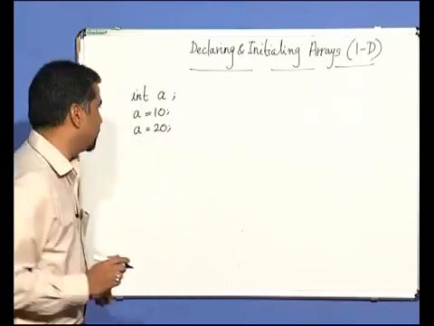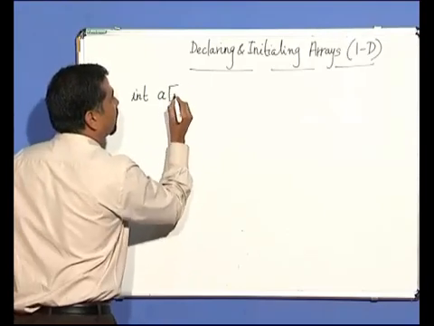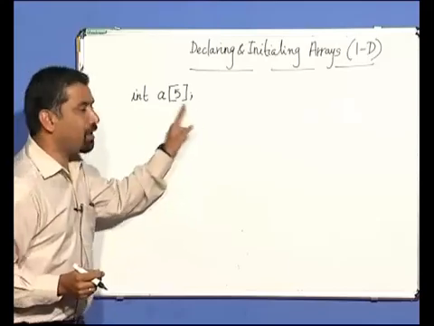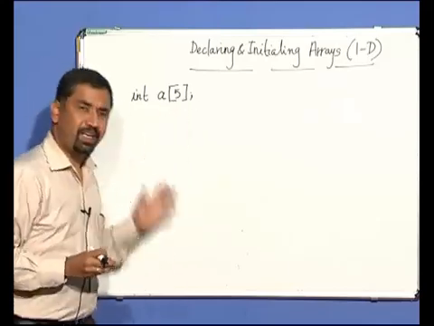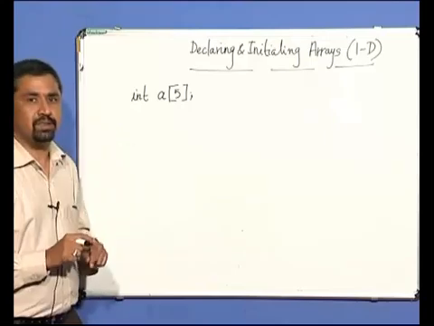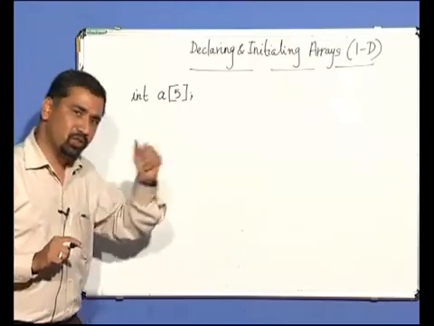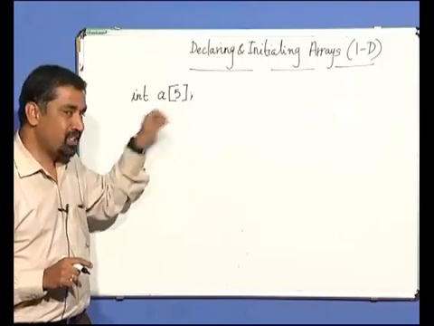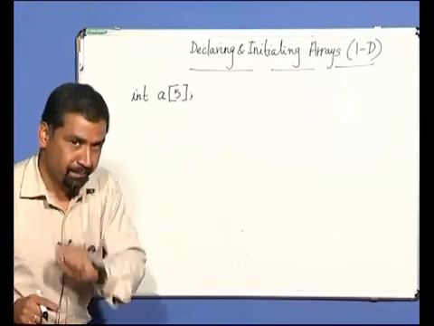On the other hand, if I declare, let us say like this, notice the square brackets. In C we use various kinds of brackets. We use braces, we use normal parentheses, we use angle brackets, so on and so forth. So whenever you see square brackets in C, it has a special meaning. It stands for an array.